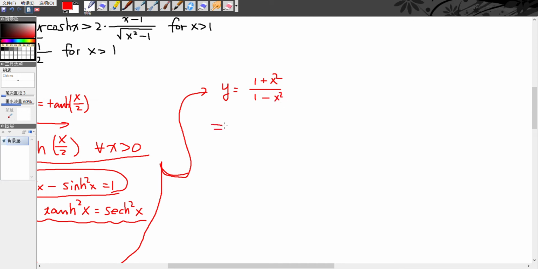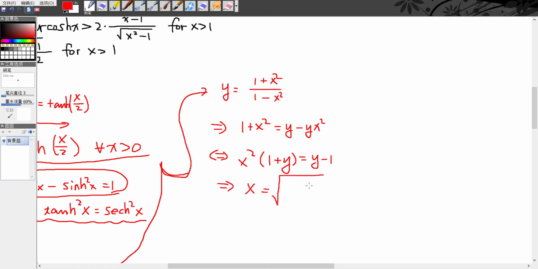And by rearranging this equality, we will have 1 plus x squared is equal to y minus yx squared, which is the same as x squared times (1 plus y) is equal to y minus 1, which gives us x is equal to the square root of (y minus 1) over (y plus 1).